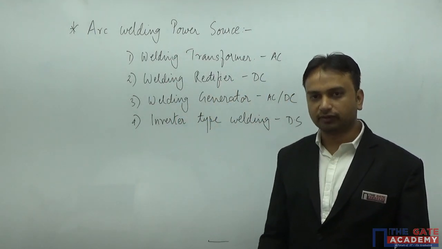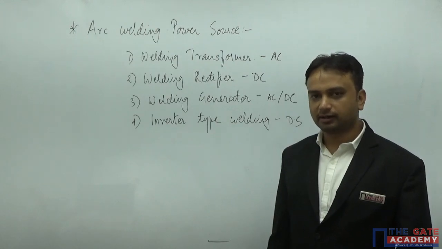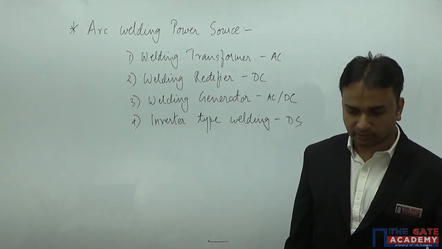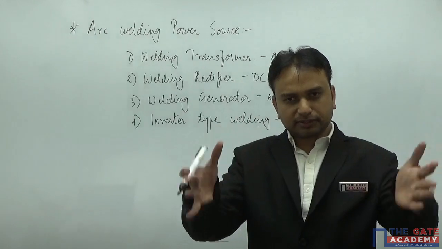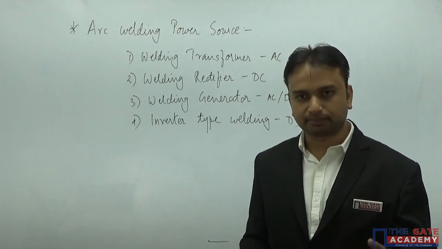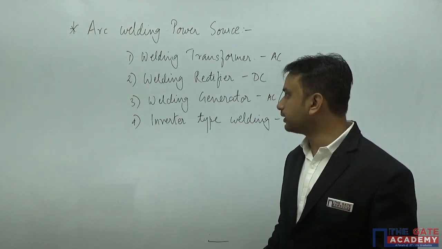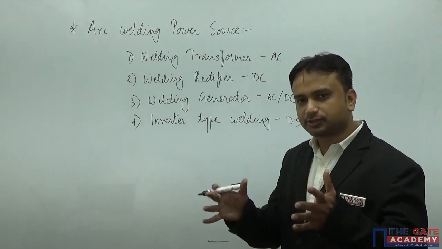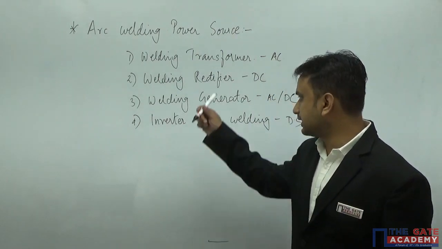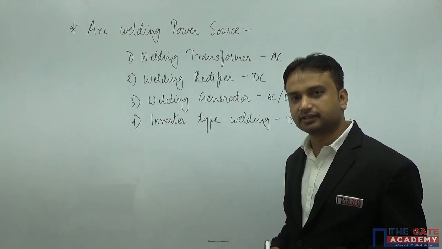Alright friends, so we were talking about the arc welding power sources, right? You must have seen a small box, a small unit that supplies the sufficient amount of power required, and that box could be anything. It could be a transformer, it could be a rectifier, it could be a generator, right?